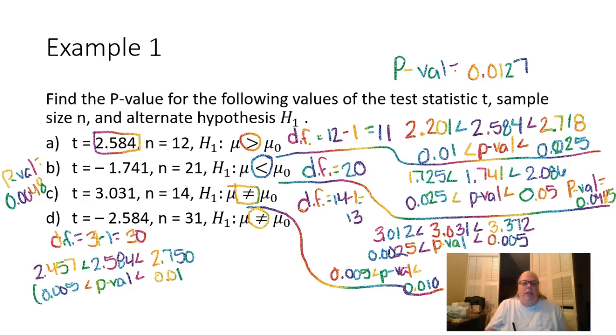And then because of the two-tailed test, we're going to have to multiply this by 2. That means our p-value should fall between 0.010 and 0.02.